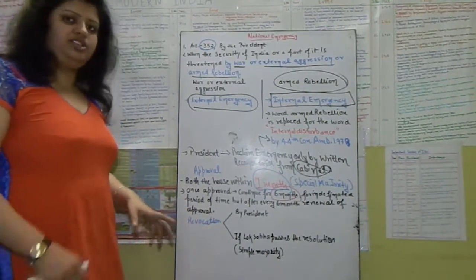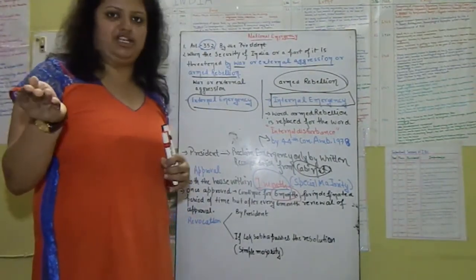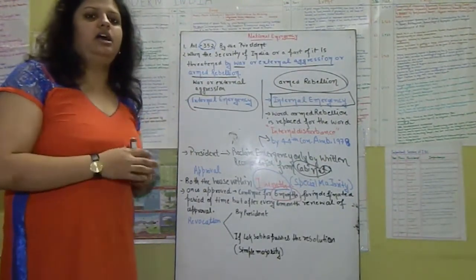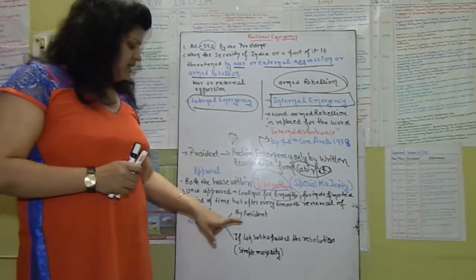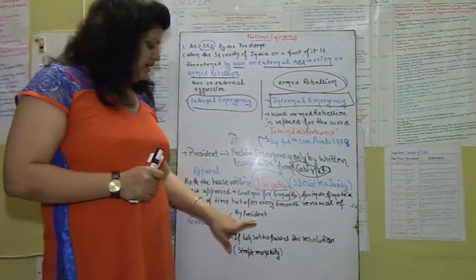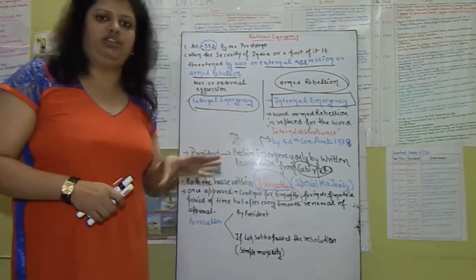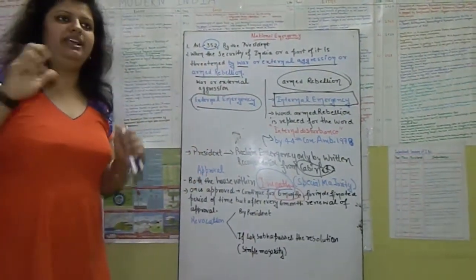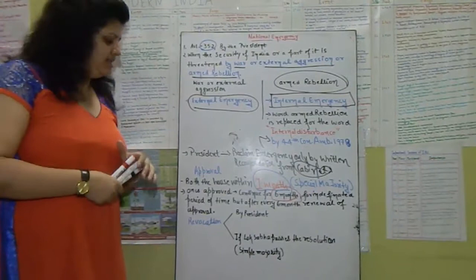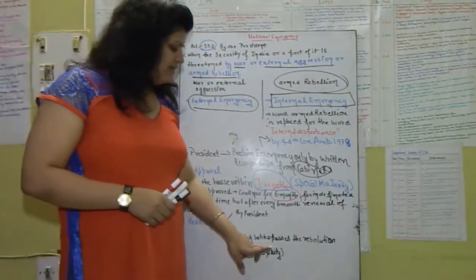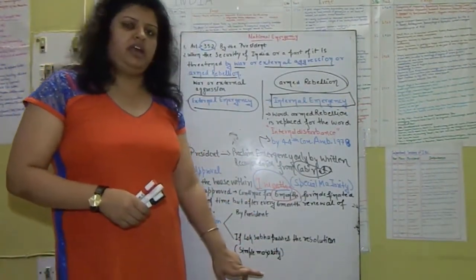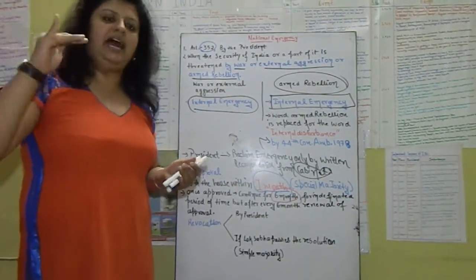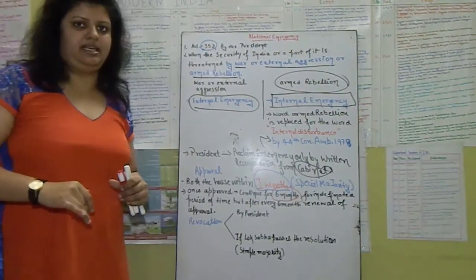Whereas for revocation, that means for removing the national emergency and getting back the normal authority, revocation can be done by the President at any point of time. Whenever he feels that the conditions are again back to normal, he can revoke the national emergency. And if the Lok Sabha passes a resolution, then the President has to revoke the national emergency.